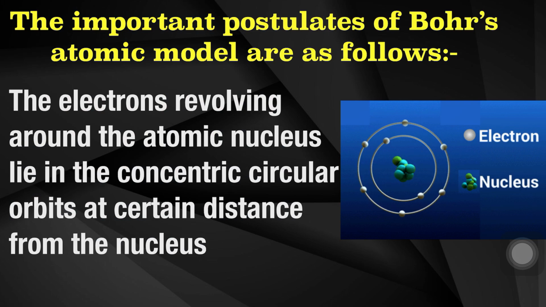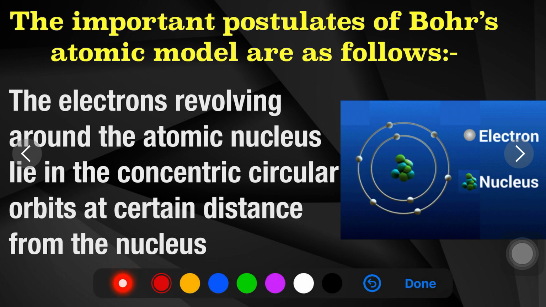The first postulate of Bohr's atomic model was that the electrons revolve around the atomic nucleus in concentric circular orbits at certain distances from the nucleus. Students, as you can see, in the center there is a nucleus, and in the nucleus there are protons and neutrons. The electrons are on specific orbits and keep on moving.